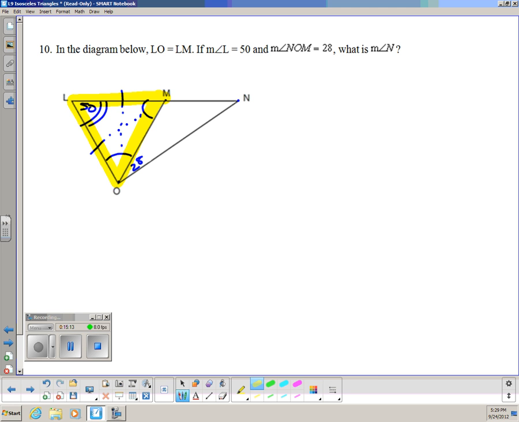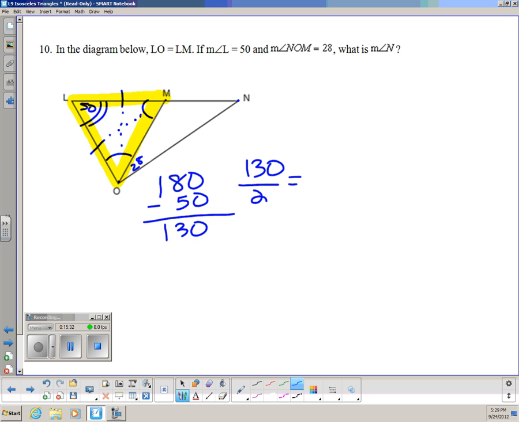There are 180 degrees in a triangle, 50 of which are accounted for. So that's 130 left over. Since the angles are equal, we'll divide by 2, and each of those angles is 65. So this angle is 65, and that's 65.